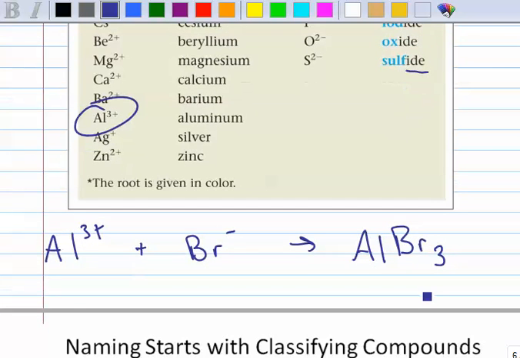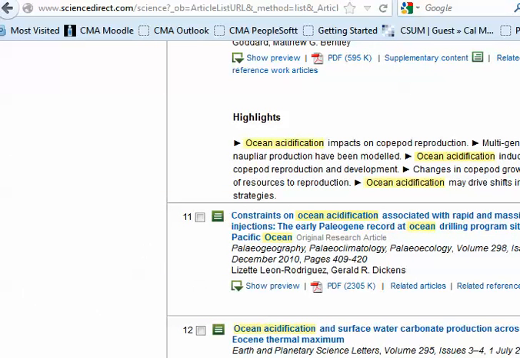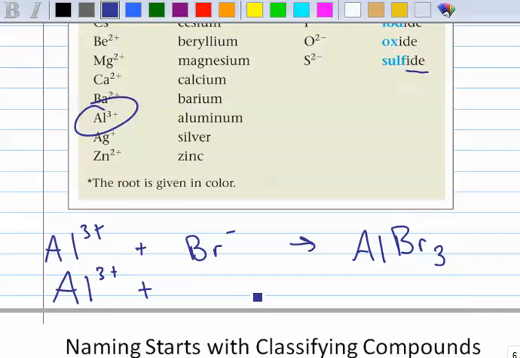If, on the other hand, we were forming an oxide with aluminum, so we've got a 3 plus charge with aluminum, and an oxygen with a 2 minus charge, so the oxide anion, we would need to bring them together in such a way that these charges will exactly balance. So in this case, a quick way to see this is the magnitude of the charge on our ions will become the subscript for our formula.